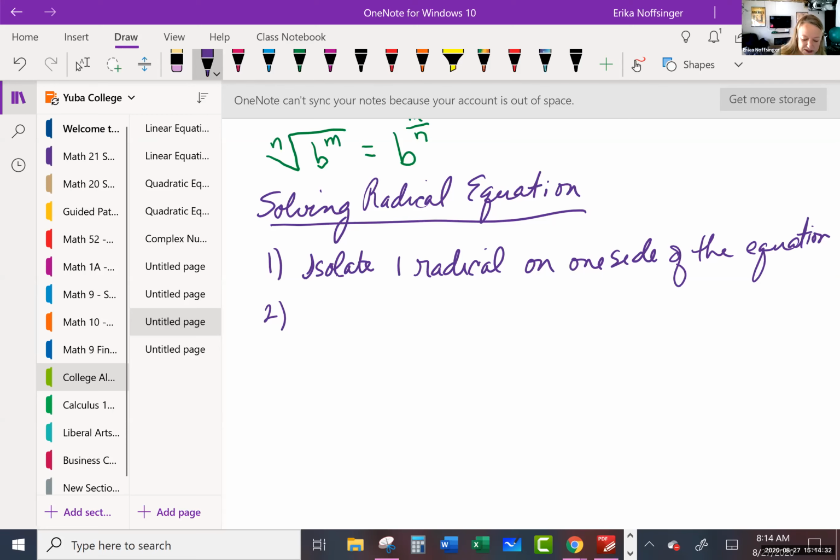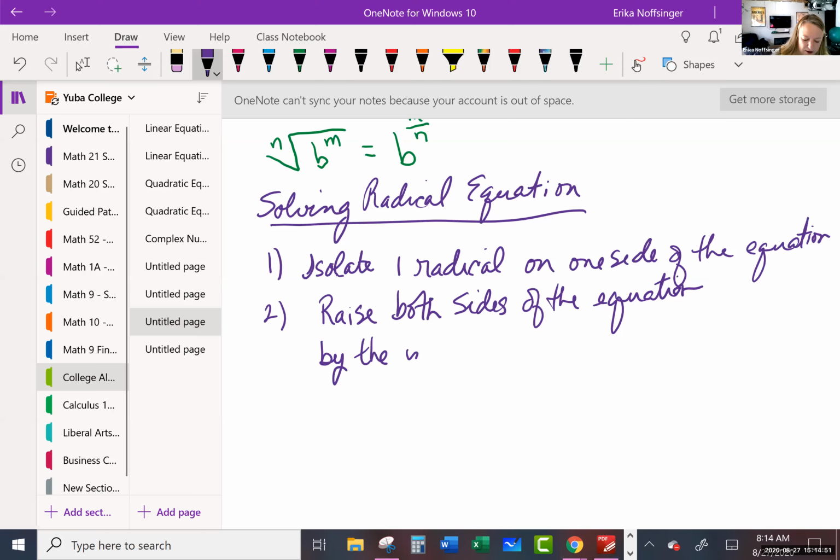So you're going to raise both sides of the equation by the index of the radical. That's just the terminology, the index is just what root you're taking of the radical.